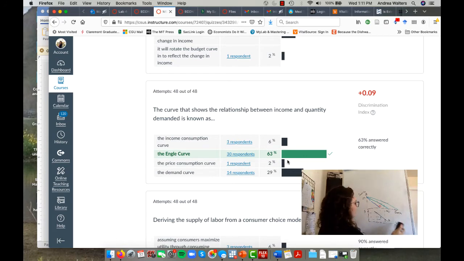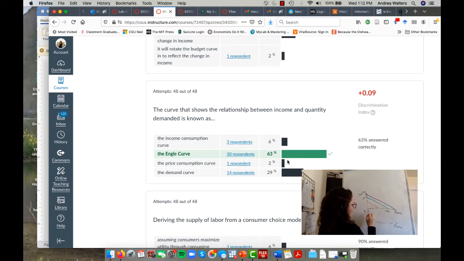The Engel curve says instead of looking at changes in the price of pizza, now let's look at changes in income. So maybe this is one level of income. This is a higher level of income. And maybe this is some lower level of income here. And now we're going to look at these different budget constraints, how we see differences in consumption at different income levels.